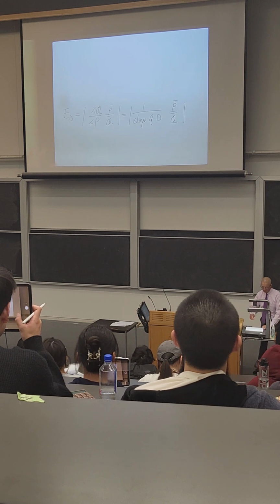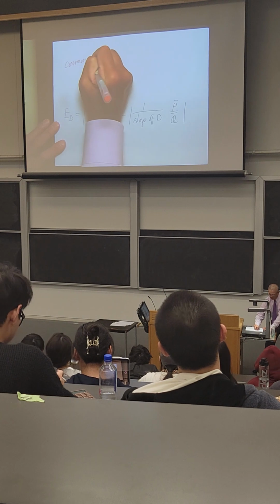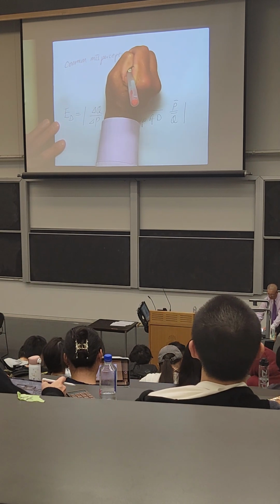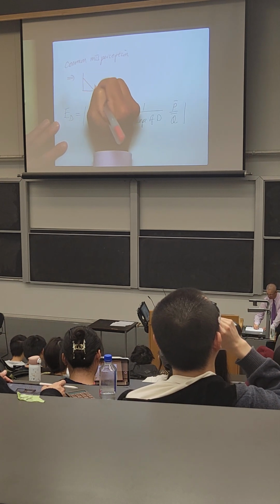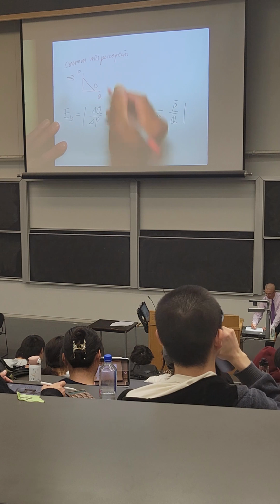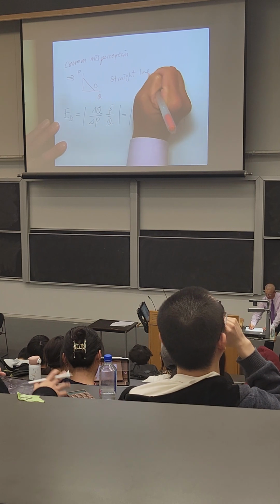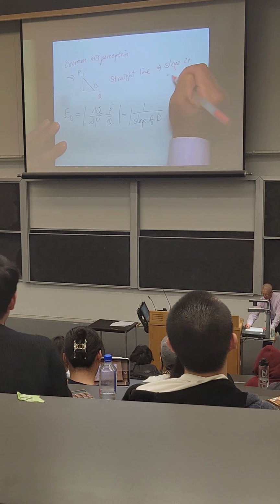And now, the common misperception, a lot of the mistakes students make, is that this demand curve is a straight line, and therefore the slope is a constant.